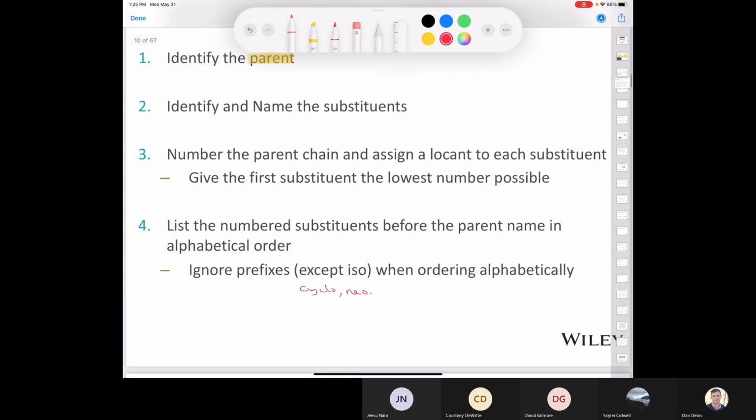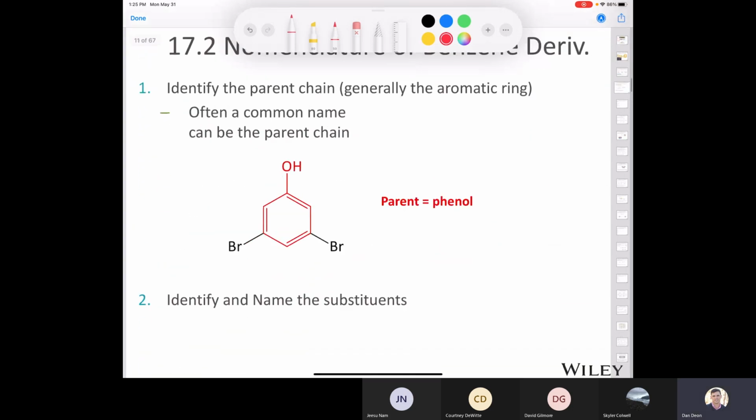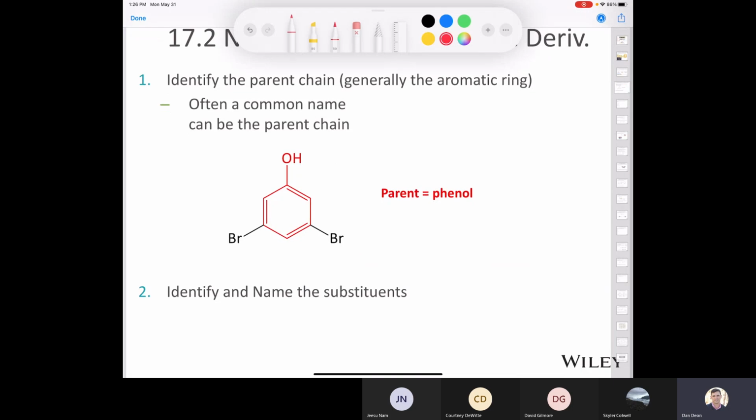There you go. Well, let's take a look here. It says identify the parent chain. This one, I kind of gave it away because I highlighted it in red. We have a phenol, and the carbon that has the substituent on it, we call that carbon number 1. We could go clockwise or counterclockwise here, it doesn't matter. 2, 3, 4, 5, 6.